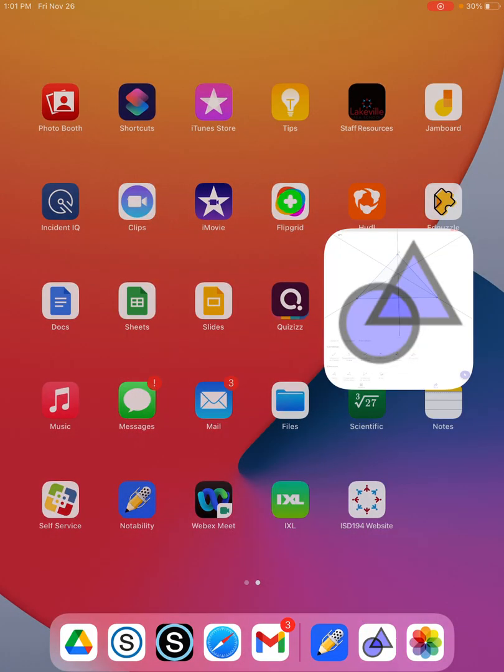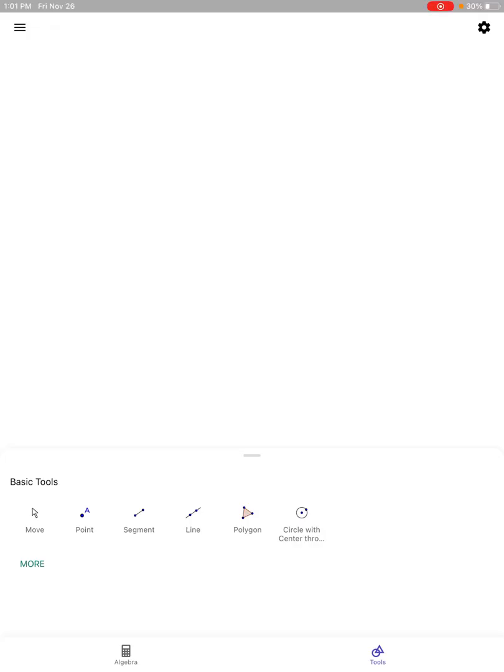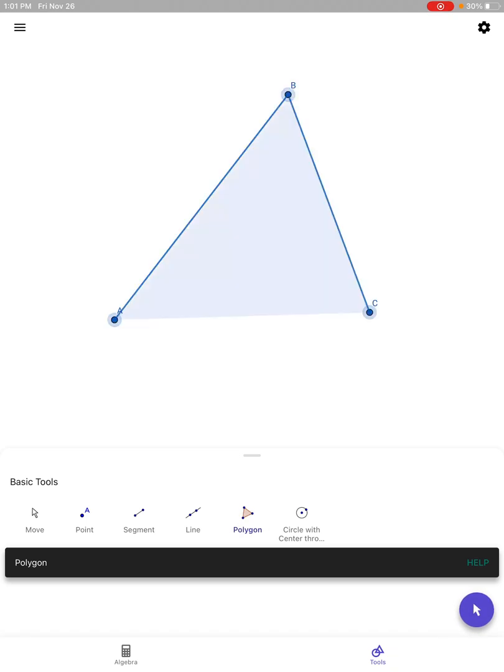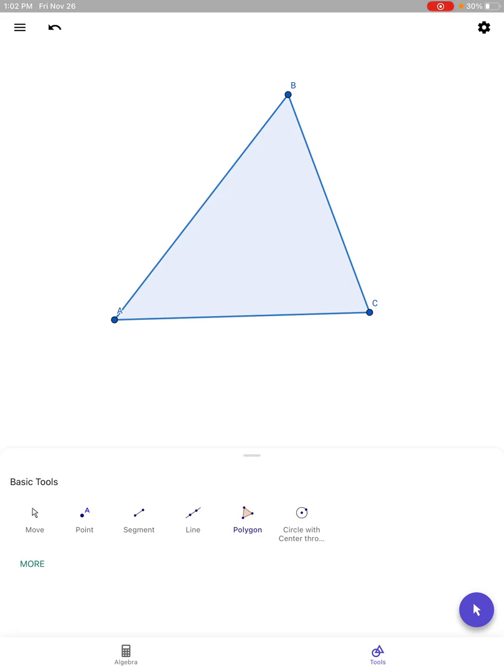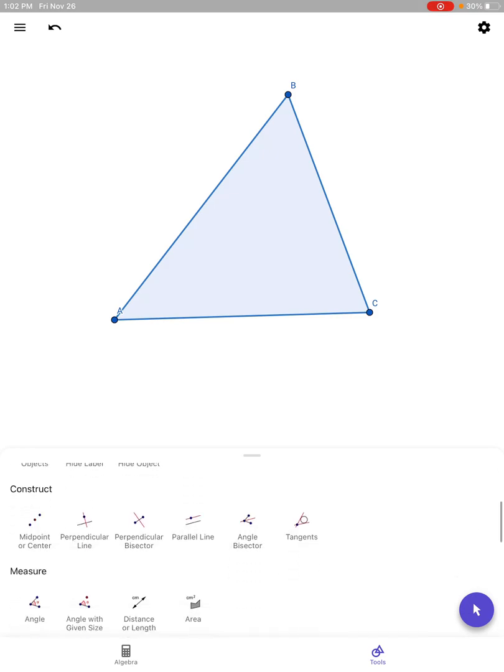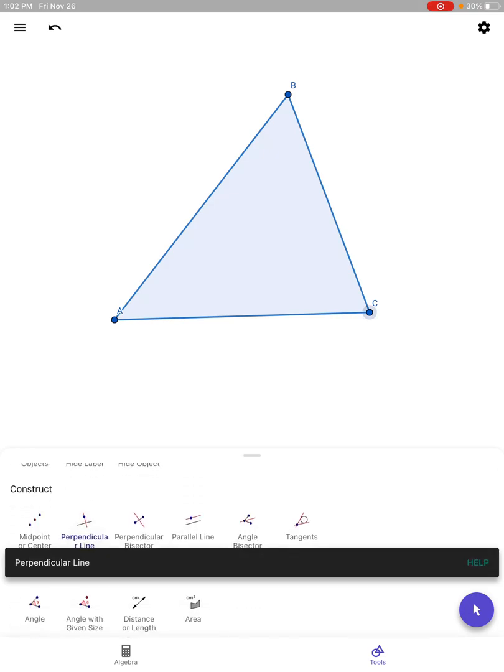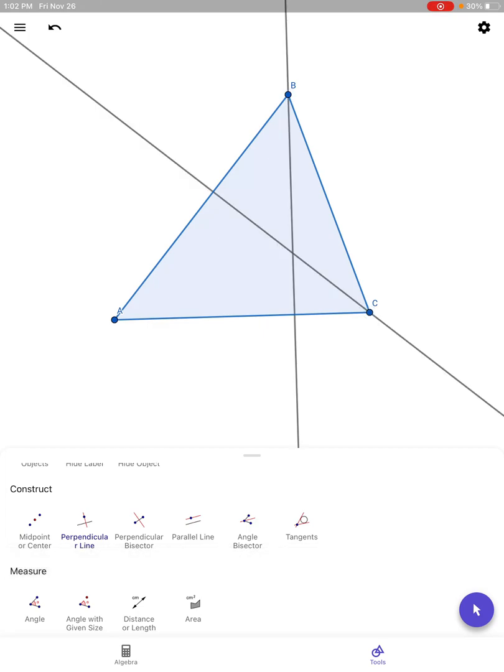We can use GeoGebra to help show this. If I draw my triangle, and I'm going to draw an acute triangle, so all my angles are less than 90 degrees, I'm going to find a perpendicular line from my vertex to the opposite side, and my vertex to the opposite side.